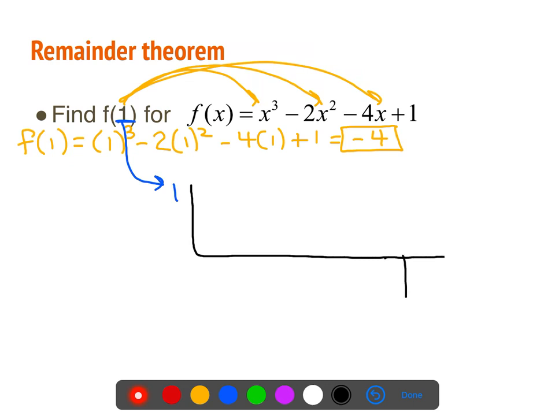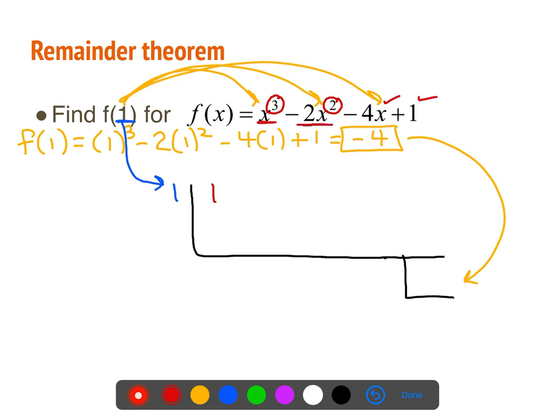So I'm telling you the answer is -4 using Algebra 1. But what we're going to do is we're going to do this with synthetic division. And what we're going to do is we're going to put on the outside this 1. And when we get done, we're hoping that our remainder is going to match and be -4.